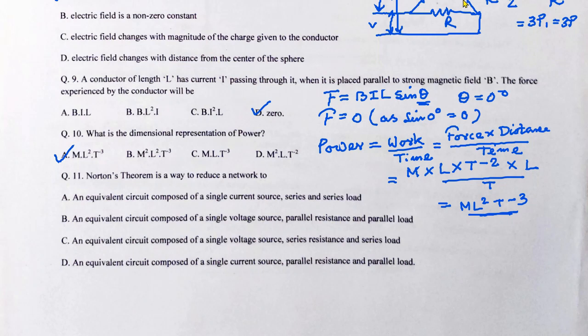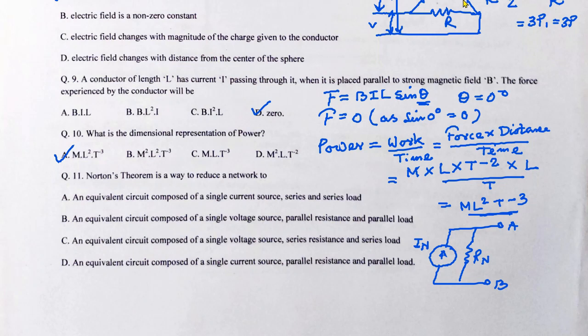Now Norton's theorem is a way to reduce the network. We know with the help of Norton's theorem, we can reduce any complex network to a current source with resistance in parallel if it is applied to any two terminals AB of a network. So Norton equivalent is a current source and a resistance in parallel.